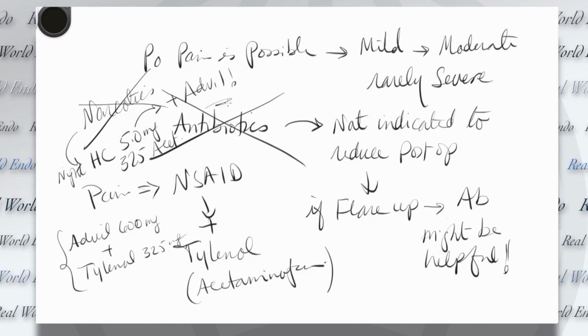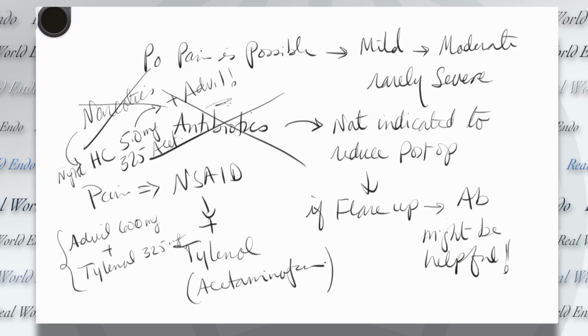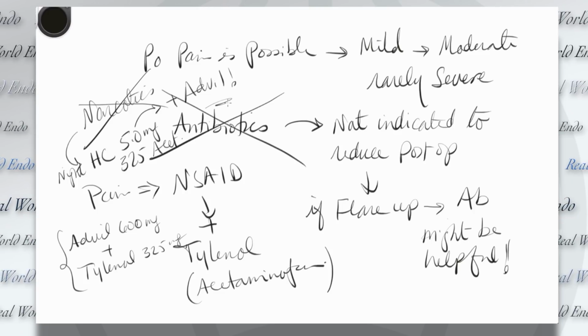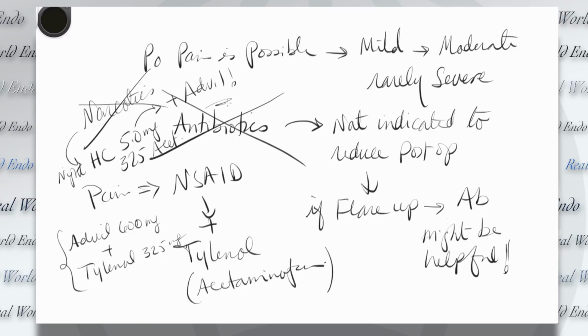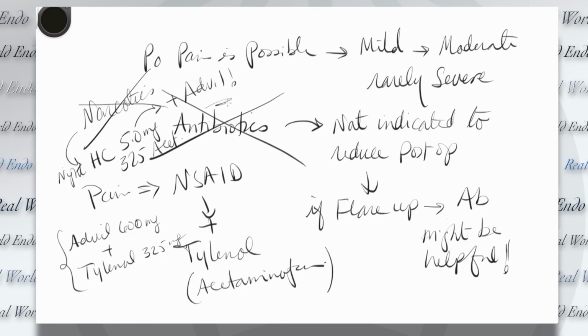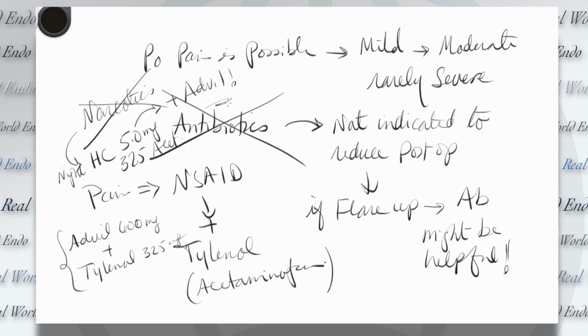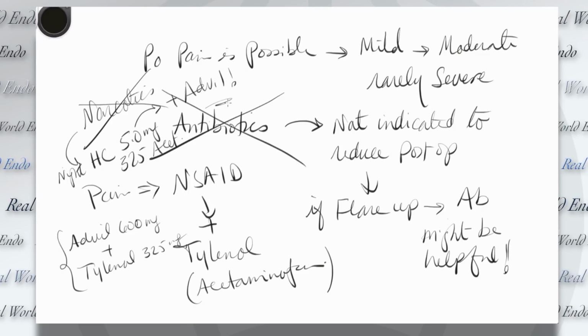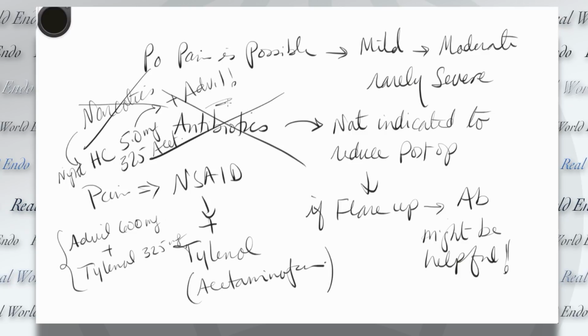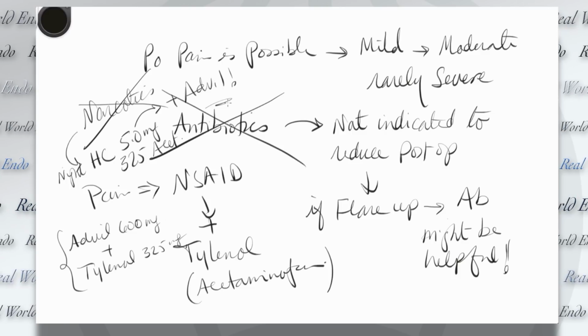So you're getting it from 3 different angles, and it's been shown that combining things, as long as they're not opposite to each other, combining different mechanisms that achieve the same end seems to have a synergistic effect.